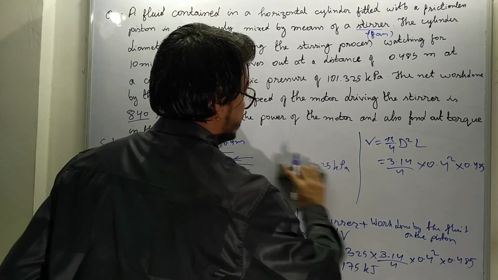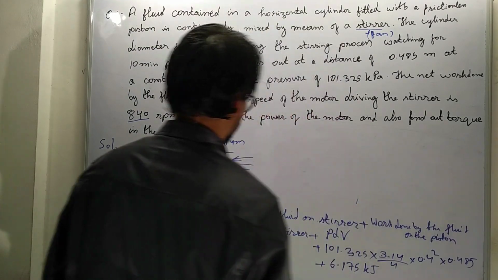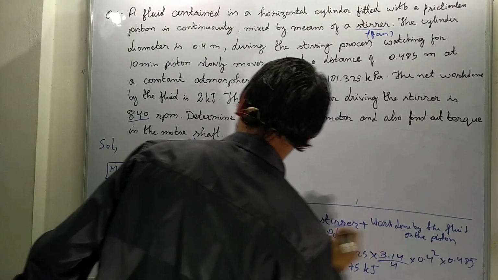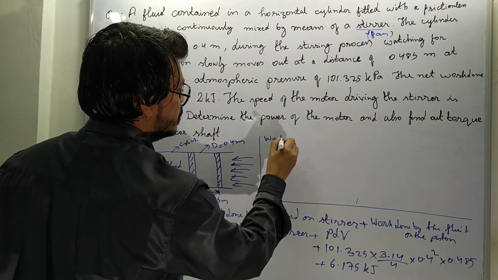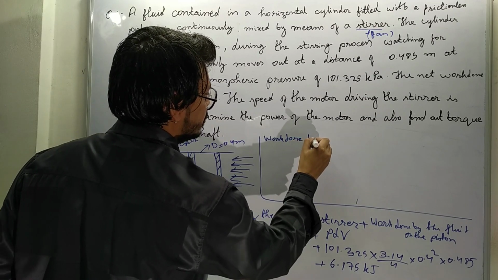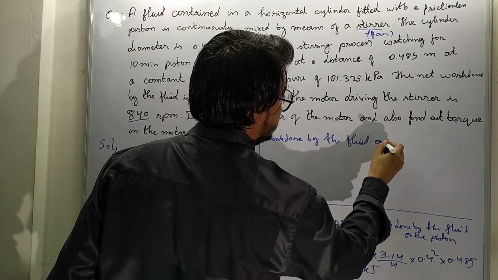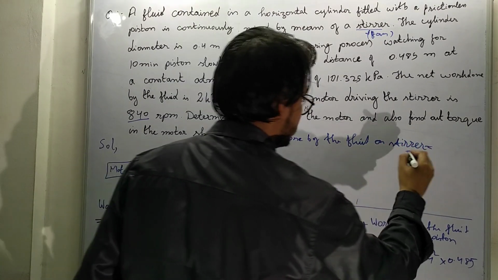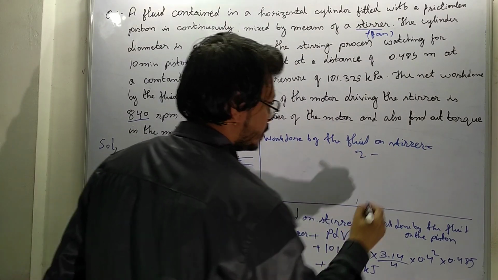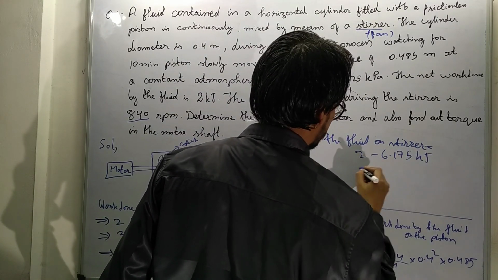Now the work done by the fluid on a stirrer is equal to 2 minus 6.175 kilojoule.